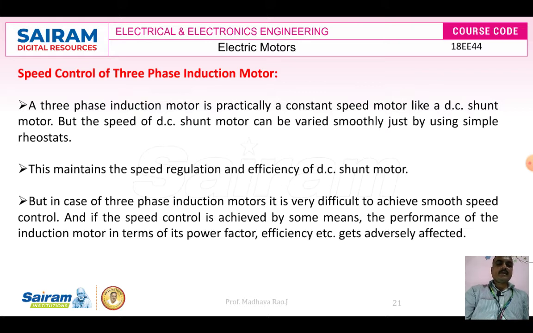With DC supplies the power factor does not matter, but in AC motors the power factor is also affected. So by increasing or decreasing the power factor, we can also vary the speed of the three-phase induction motor.